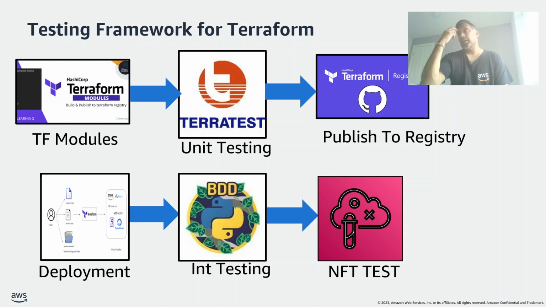And then you could also do some benchmarking through non-functional testing, with the tools available. So this is a generic life cycle. Some of us would have done all the nine yards of it, and most of us would have at least written some modules, pushed them onto the registry, used those modules, deployed them, and so on and so forth.